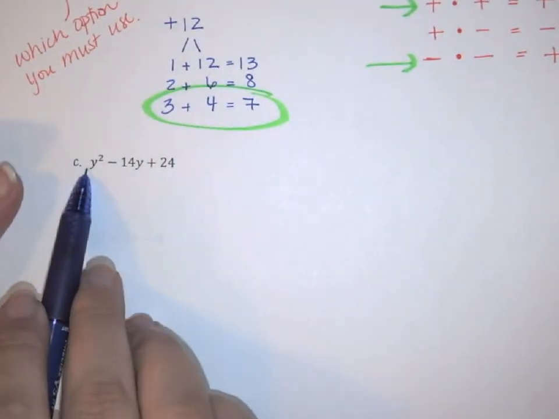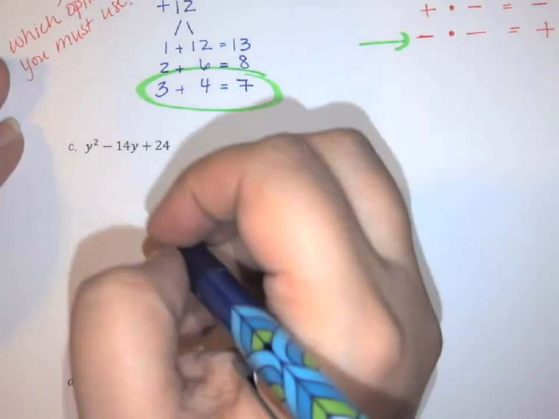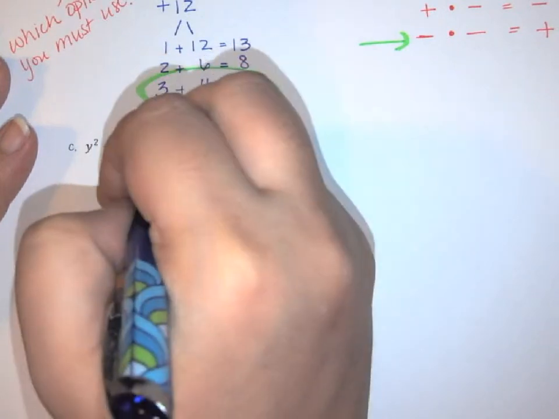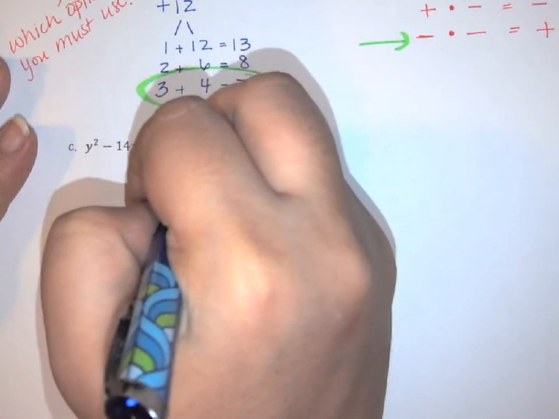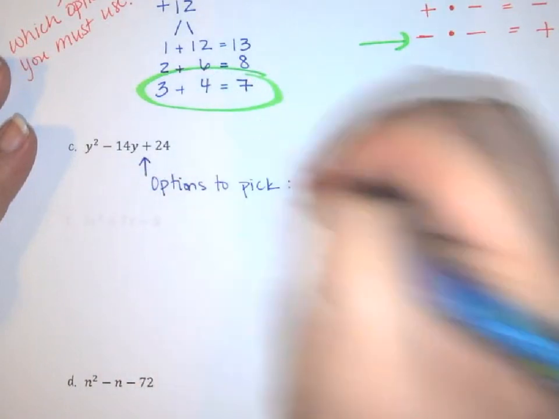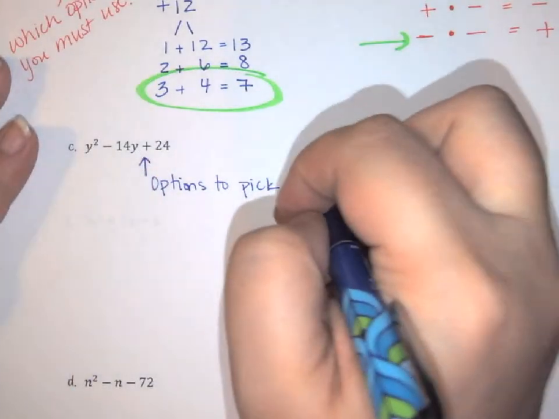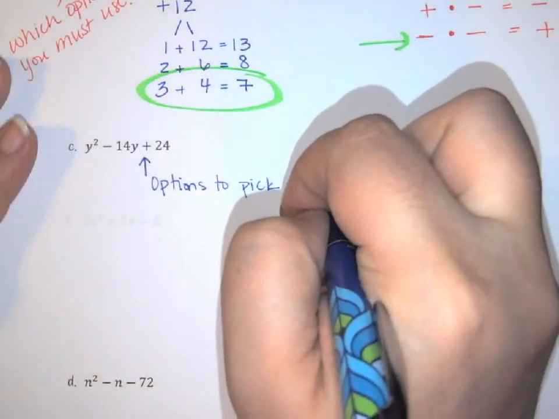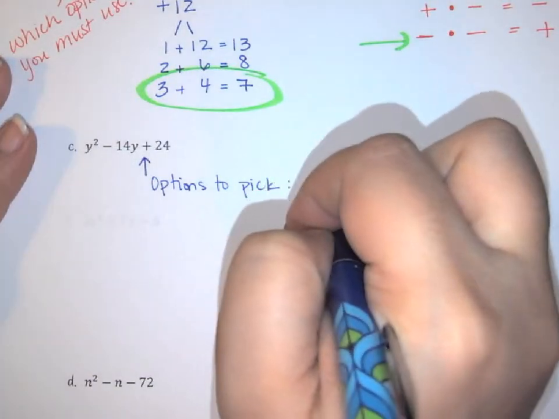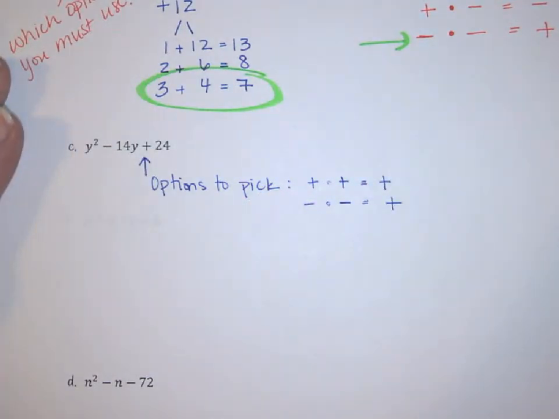So here again, my A term is 1, so I could use that reverse FOIL method if I wanted. Again, remember the back term tells you the options to pick. So if I look at that, I have to multiply to a positive. So I've got positive times positive gives me a positive result, or negative times negative gives me a positive result.